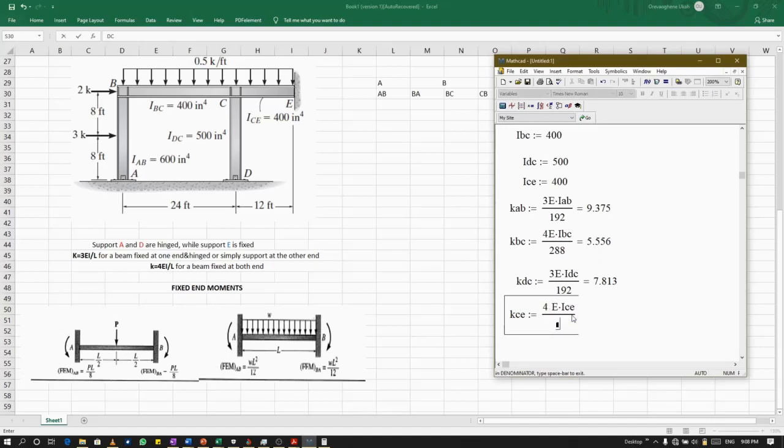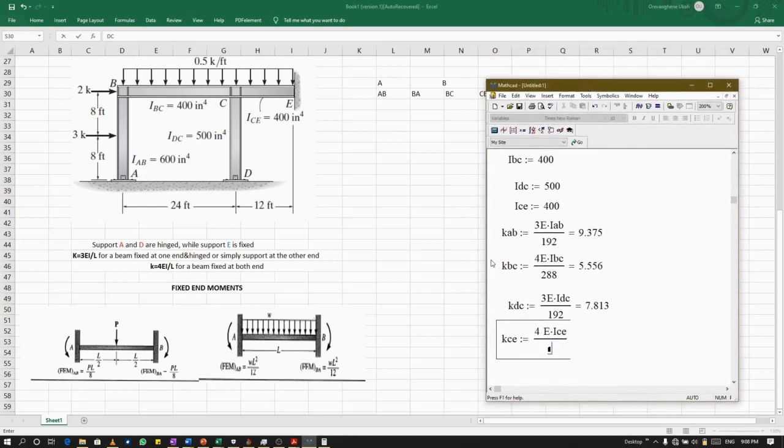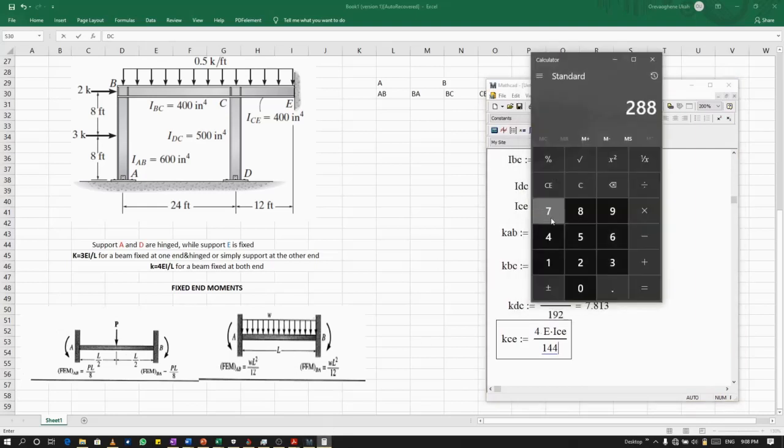Okay, we have 12 here, so 12 times 12, that will give us 144. I think that's basic multiplication table, but just to be on the same page with everybody, I will just do this here so everybody can see this. Okay, all right.